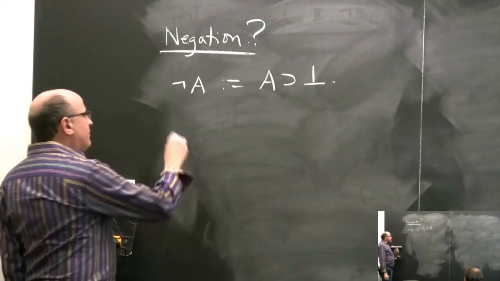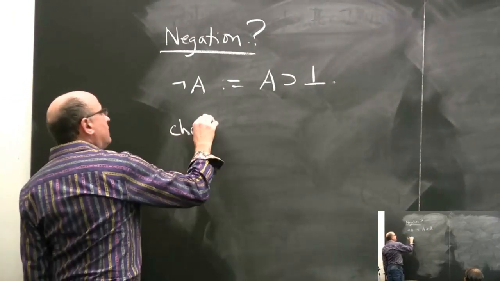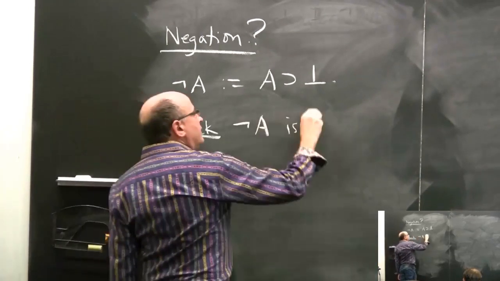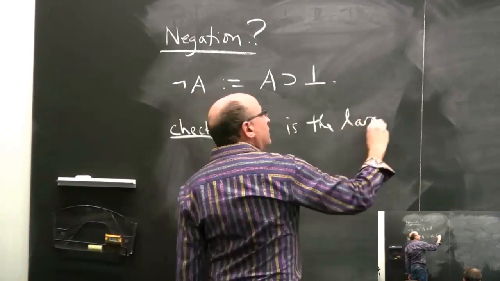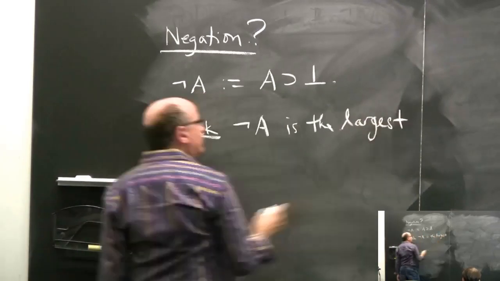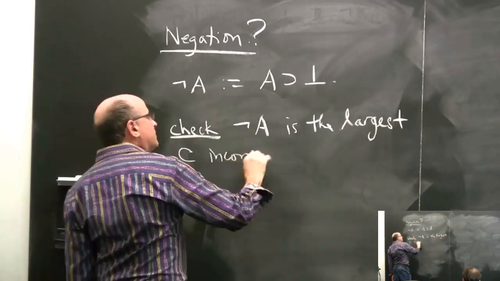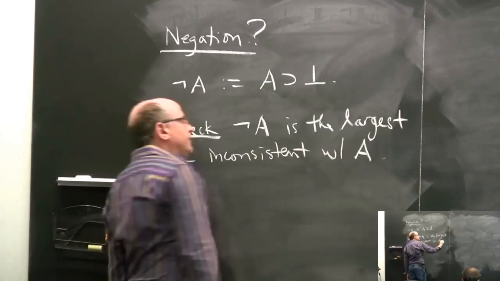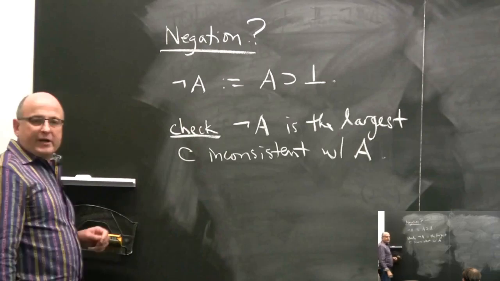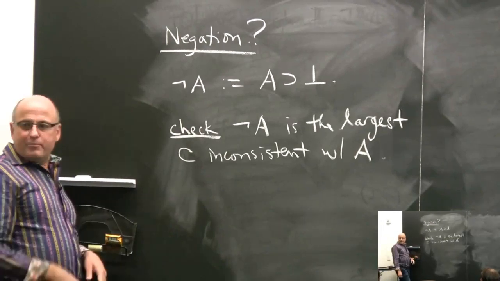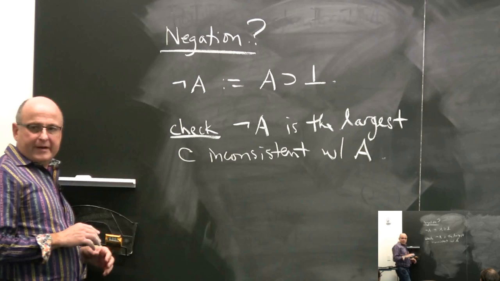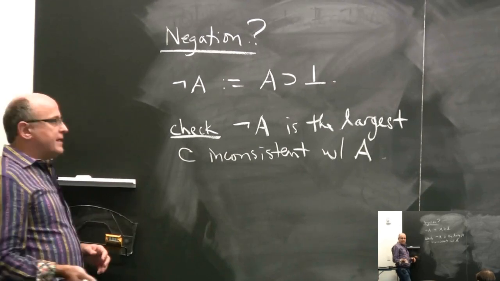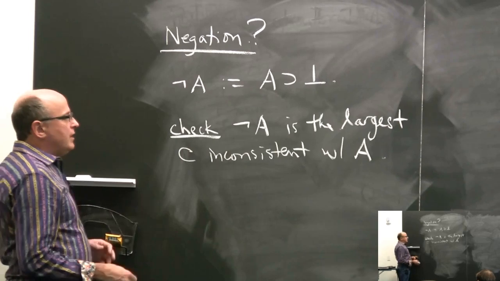You can check that not A, so defined, is the largest, or the universal, C inconsistent with A. Figure out what I mean by that and check it. It's the biggest thing, from this order-theoretic point of view, which contradicts A. That's the definition of what negation is.